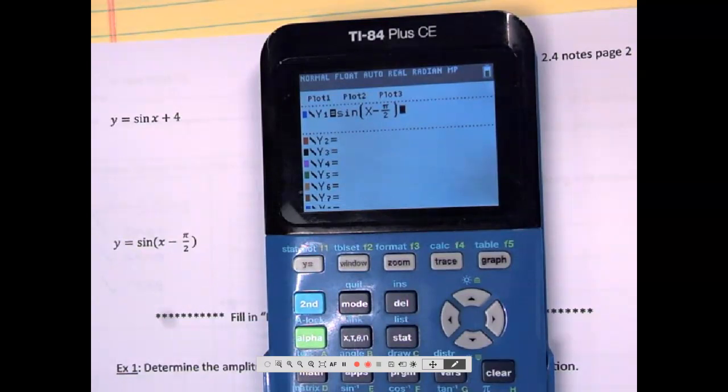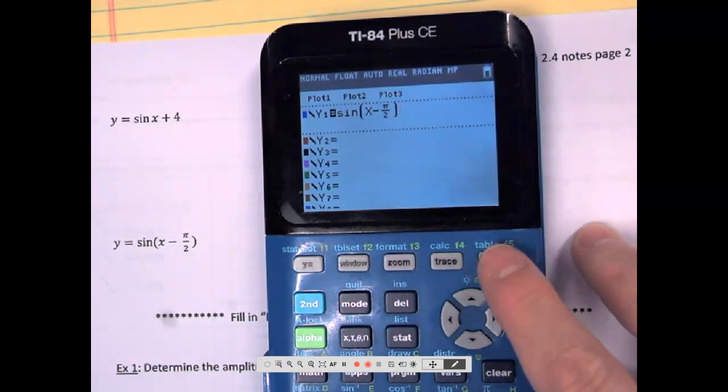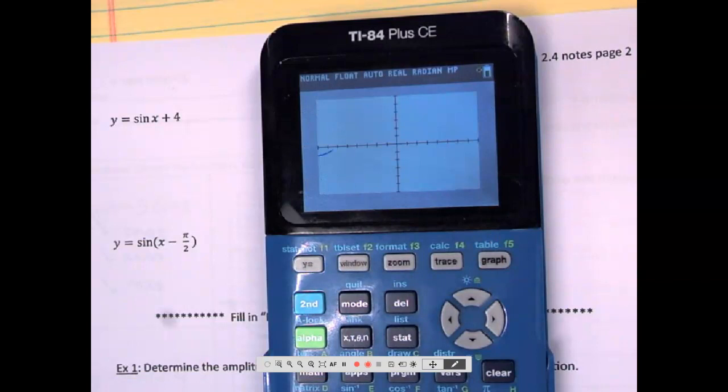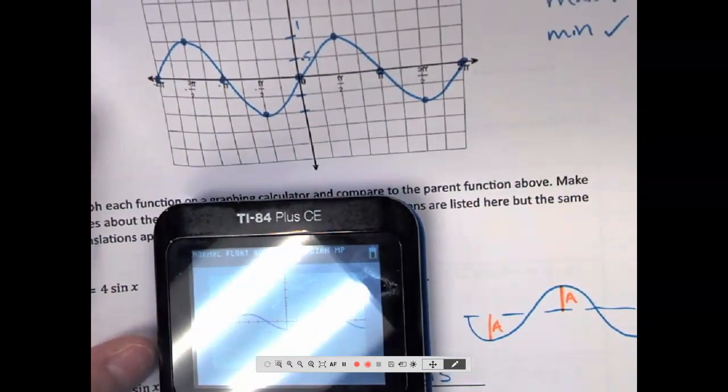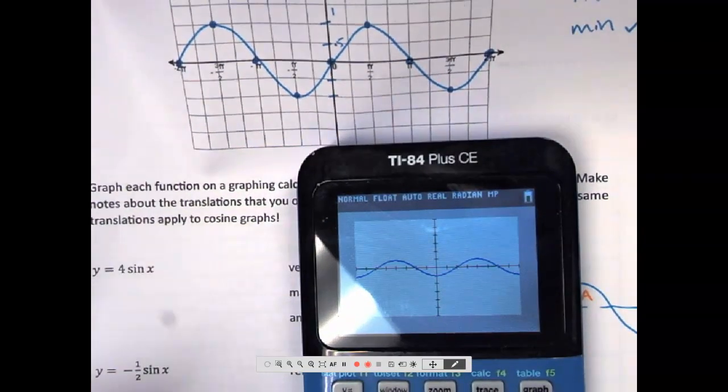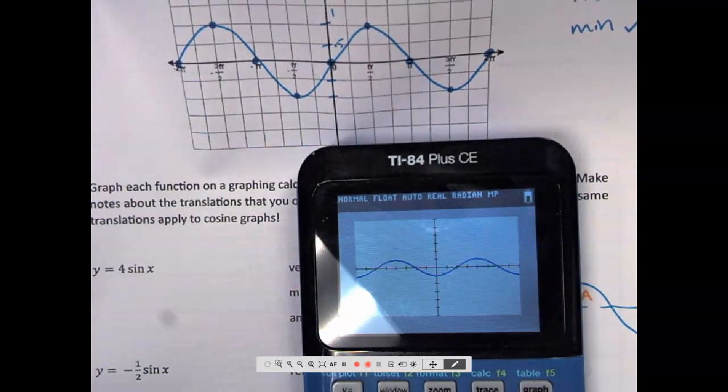Okay, let's see what happens. Does it look like our normal sine curve? In general, yes, but does it look exactly like this? No. How does it differ? It moves left or right.